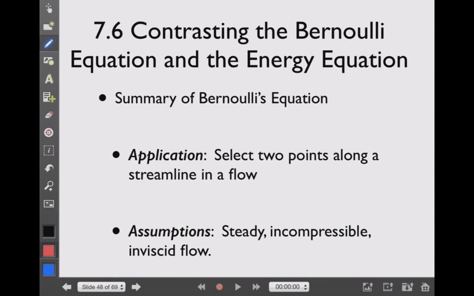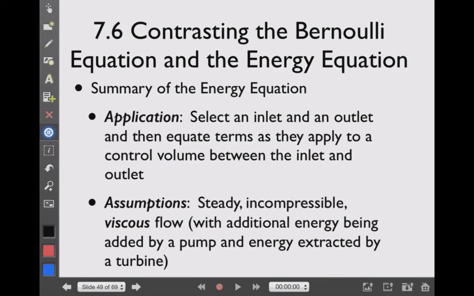So if we make a summary now of Bernoulli's equation, remember that we apply this, we select 2 points, and we apply this along a streamline in the flow. And the assumptions are that it's steady, incompressible, and inviscid flow. And the energy equation really is to select a control volume, and to select an inlet and an outlet, which are control surfaces, and then equate the terms as they apply to the control volume between the inlet and outlet.